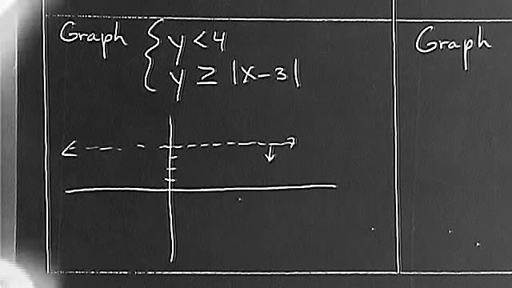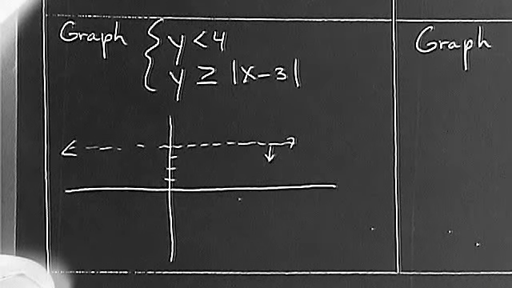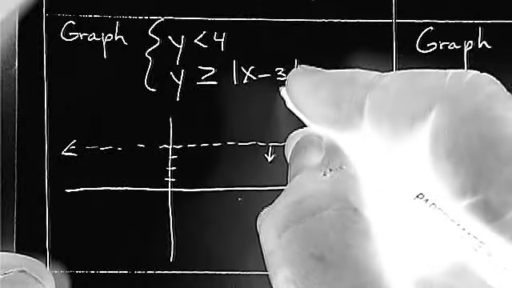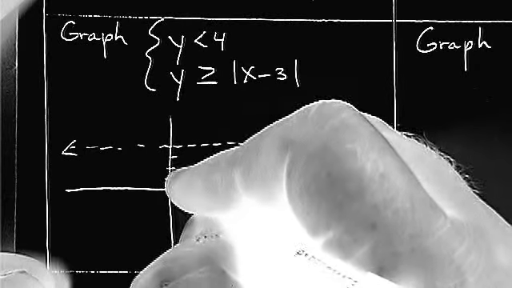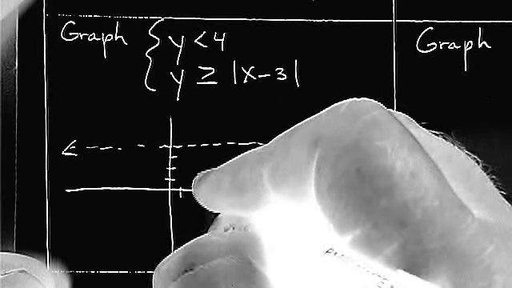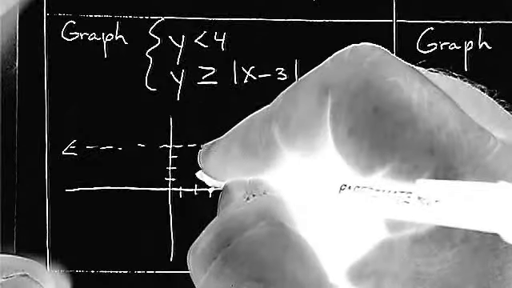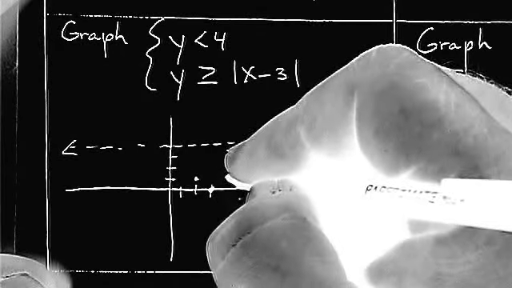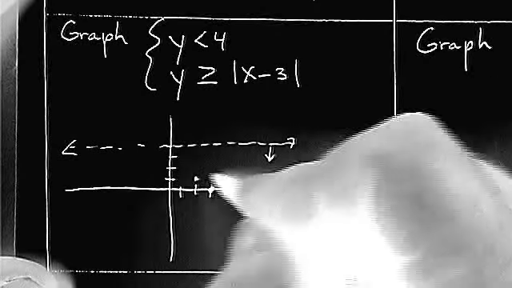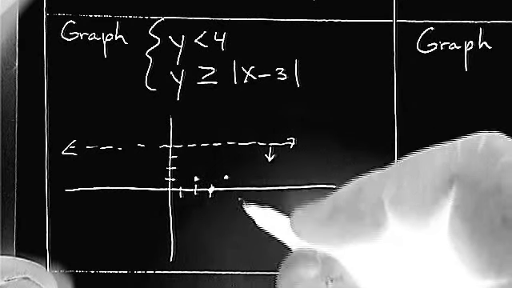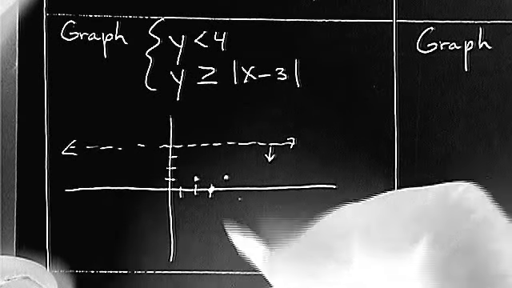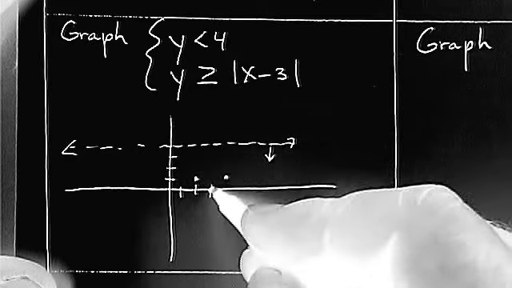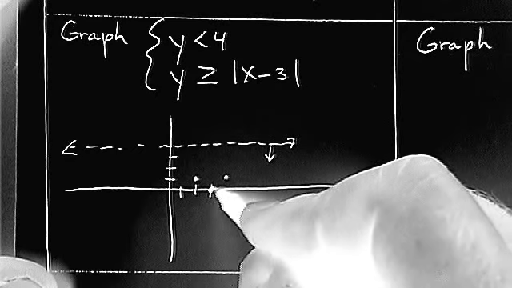Now, y greater than, the absolute value inequality is back. That's 3 units to the right. 1, 2, 3. There's your vertex. Slopes are 1 and negative 1. Please make sure that you're using slopes of 1 and negative 1. Don't be sloppy when you draw them. You want to do 1 and negative 1.